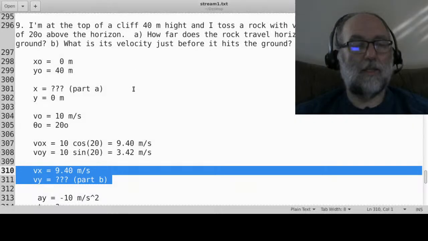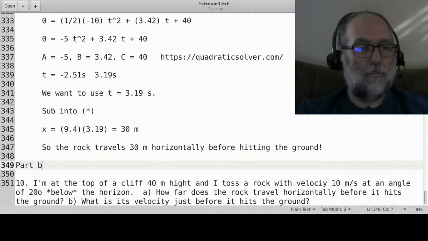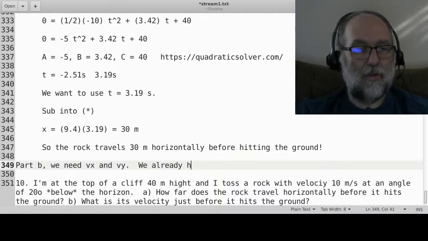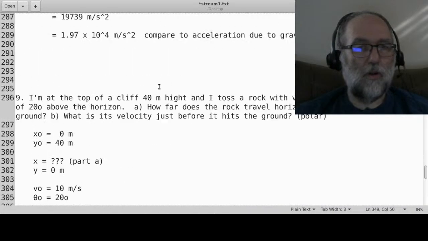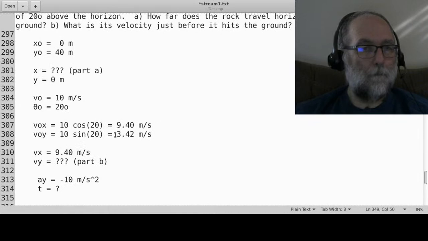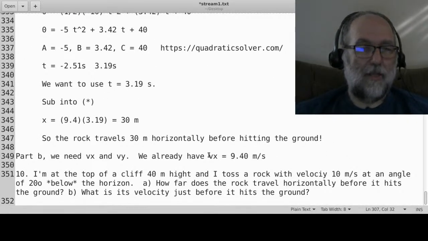So let me get the x and y components first. Part B, we need vx and vy. We already have vx, which was 9.4 meters per second.